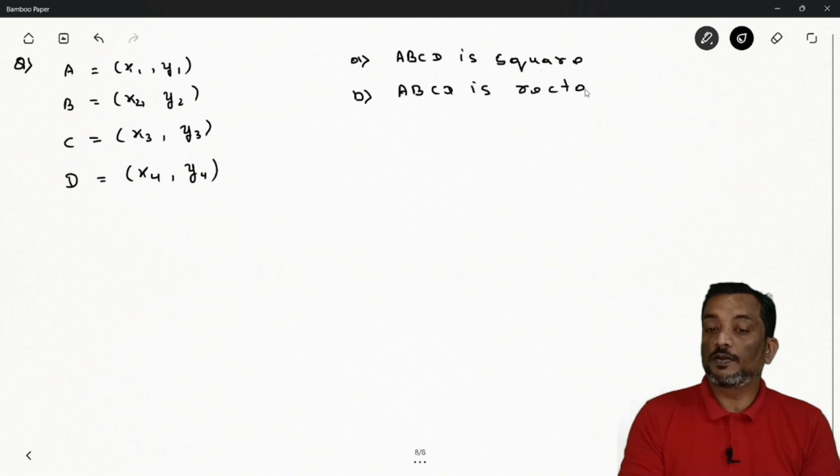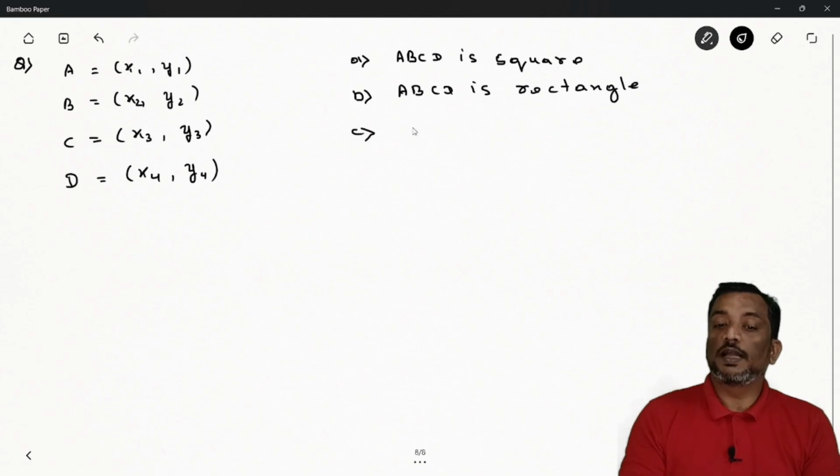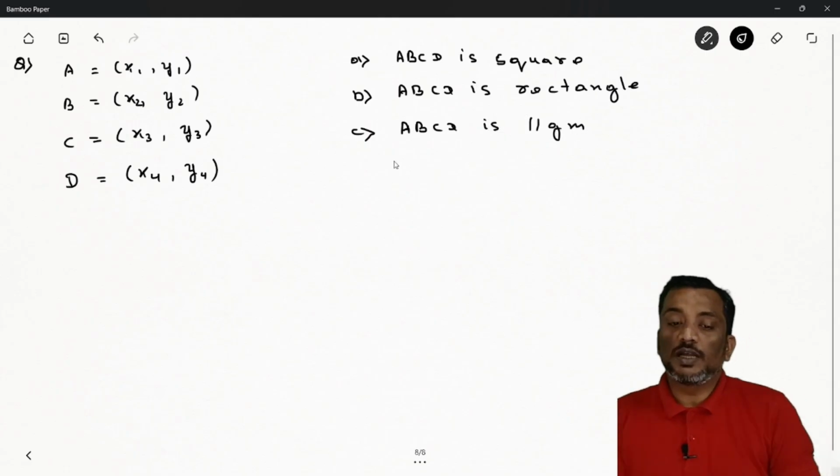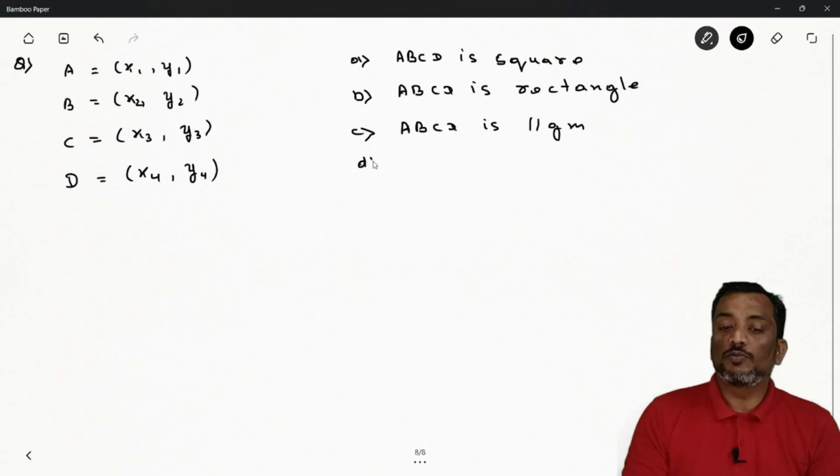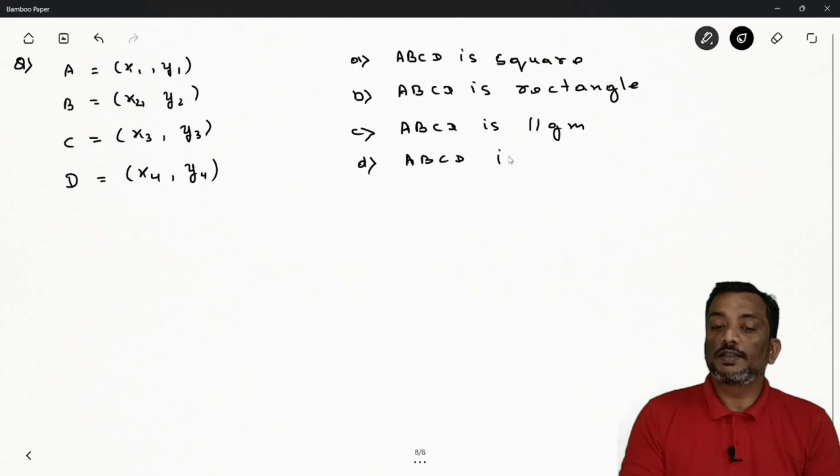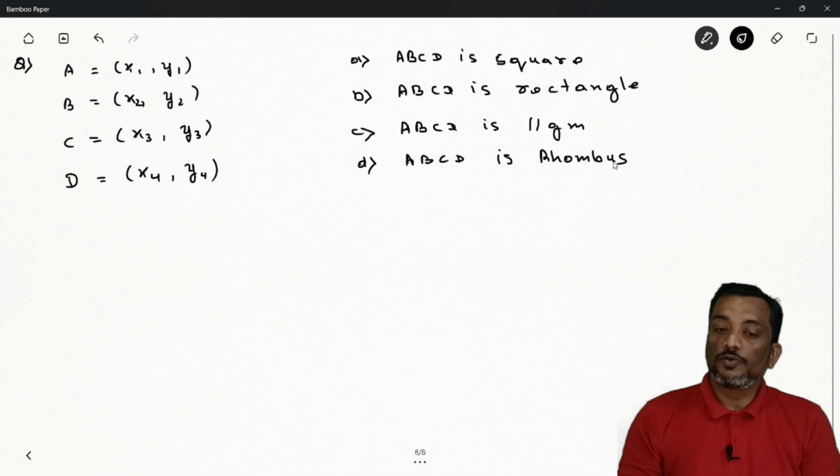Third, and most common, prove that ABCD is a parallelogram. And sometimes they also ask, prove that ABCD is a rhombus. For that you have to remember all these properties. I'm just explaining the square and rectangle.